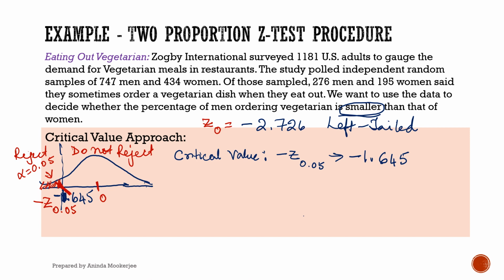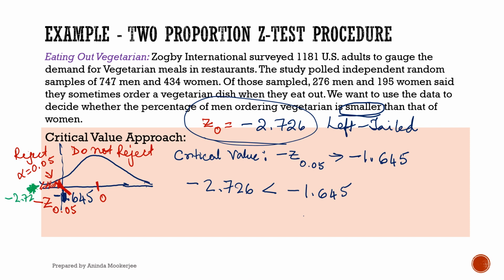Now we bring our test statistic value of negative 2.726 and see where it falls in our diagram. Negative 2.726 is less than negative 1.645 and falls way to the left, somewhere here probably, which is clearly the reject region.